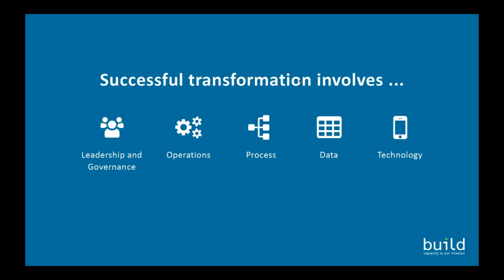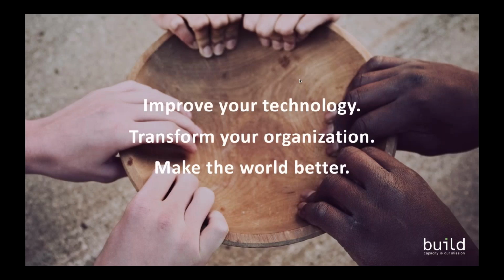Design really solid, effective processes, organize our data well. Only then are we able to make choices and investments in technology that can truly bear fruit. Technology can be the accelerator, but it can't be the driver of the transformation. Ultimately, we do believe if you pair technology with transforming your organization, you have the opportunity to make the world better.